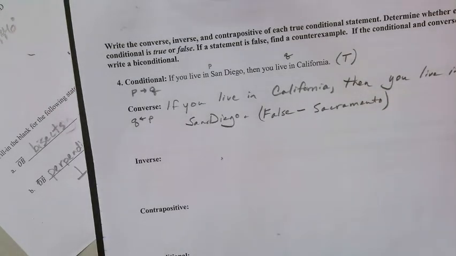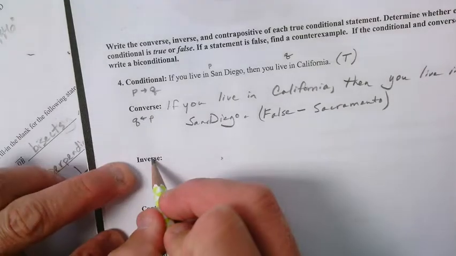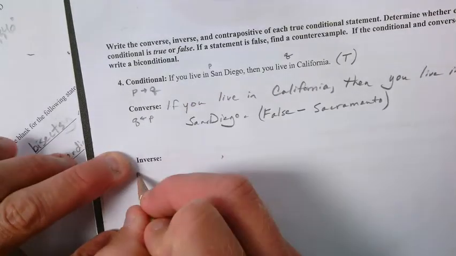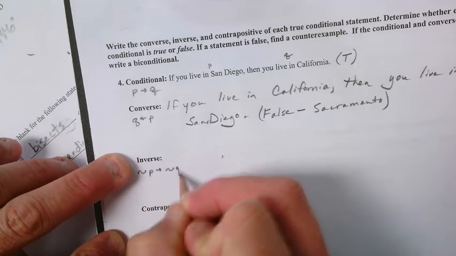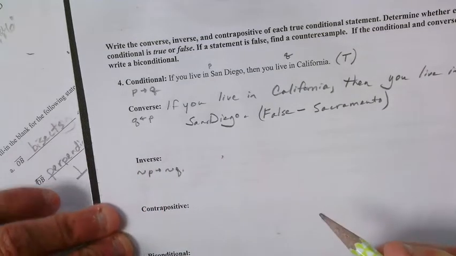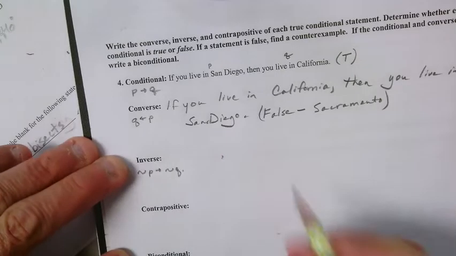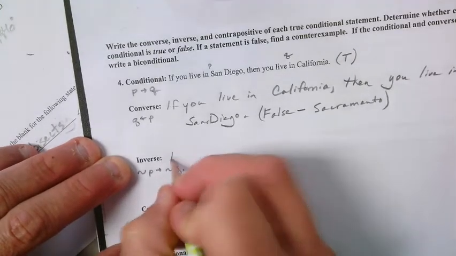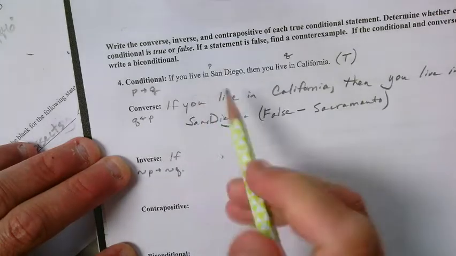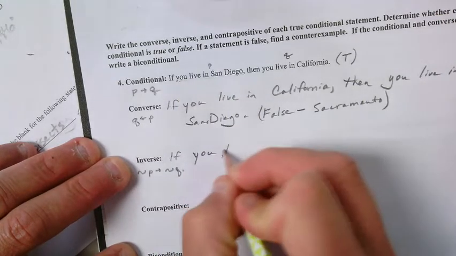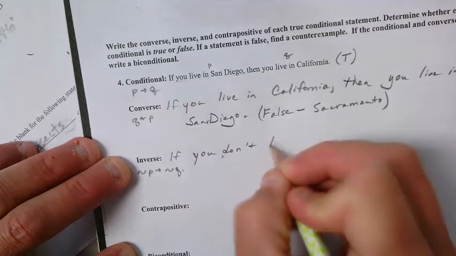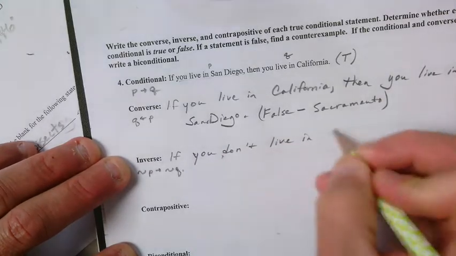Now, the inverse is the negative form of the conditional. So if I go ahead and write this out, if, now the negative form of you live in San Diego would be if you don't live in San Diego.